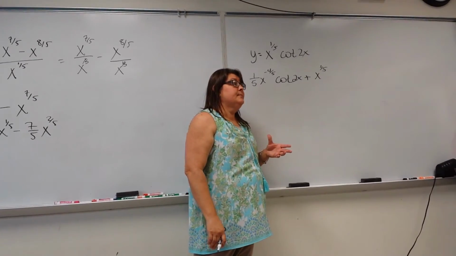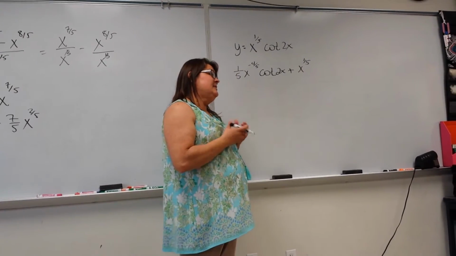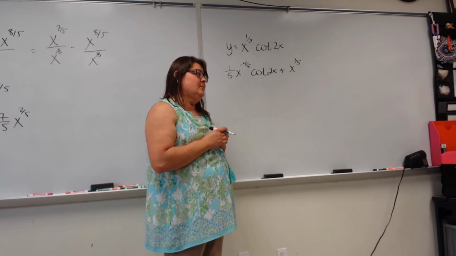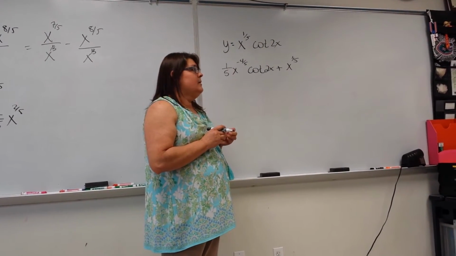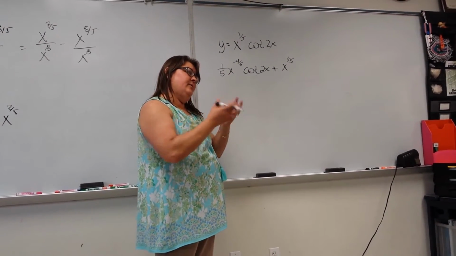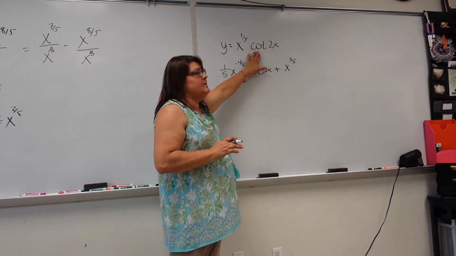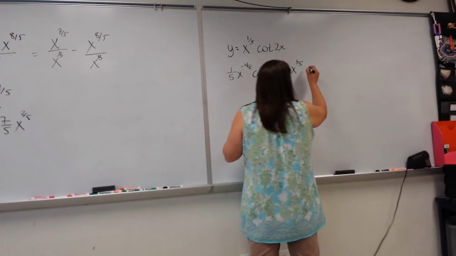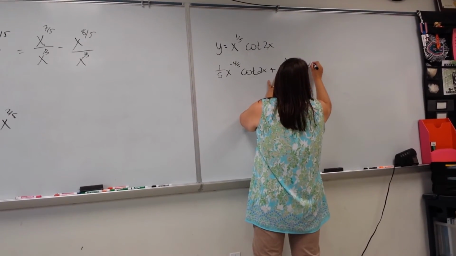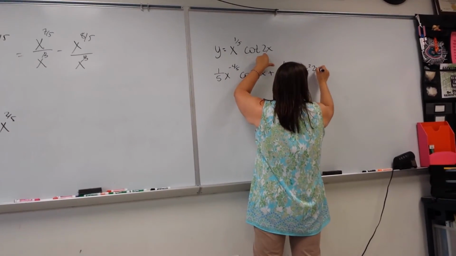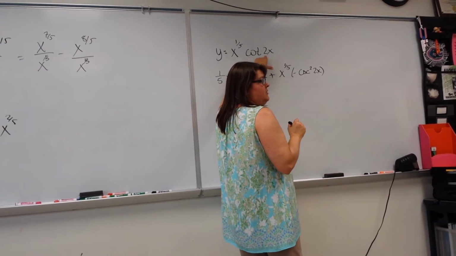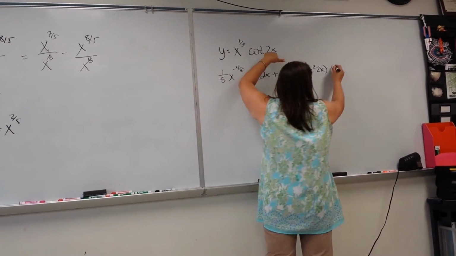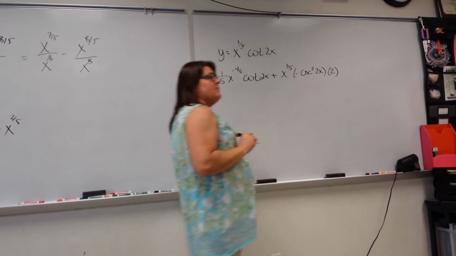But this is actually a chain rule in disguise. The chain rule says take the derivative of the outside. So what's the derivative of cotan? Negative cosecant squared, and keep the inside alone. And then what's the derivative of the inside? What's the derivative of 2x? 2. There's your answer.